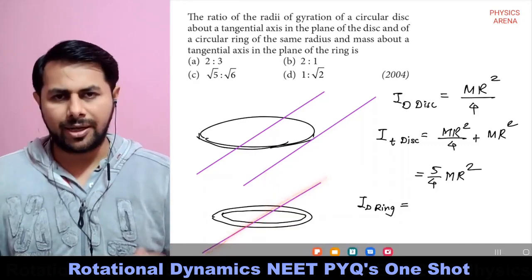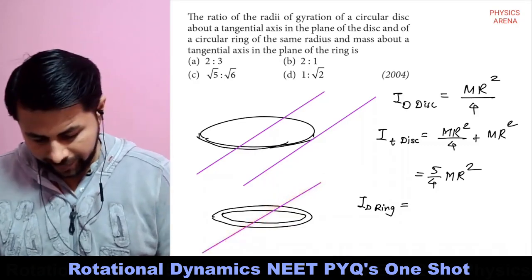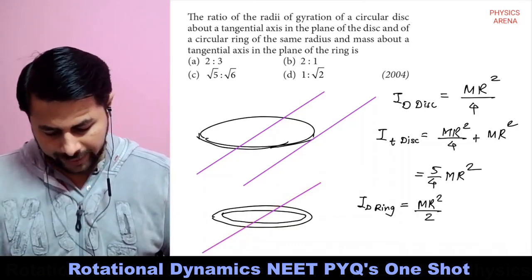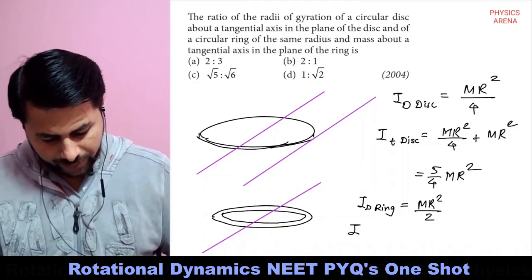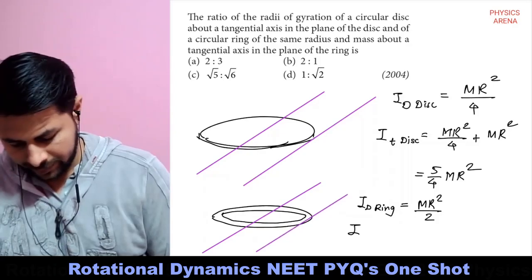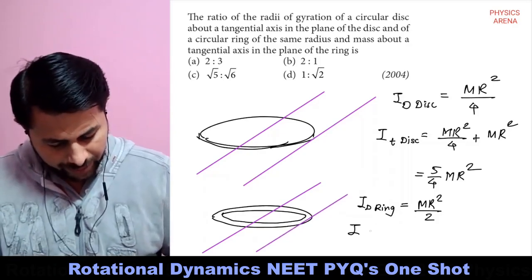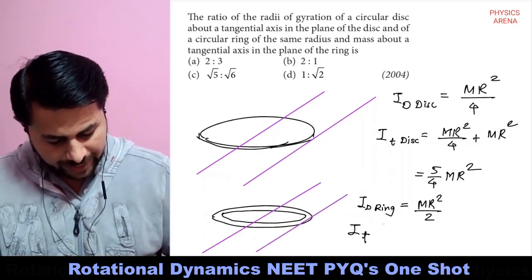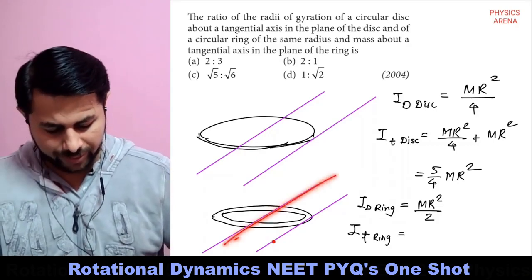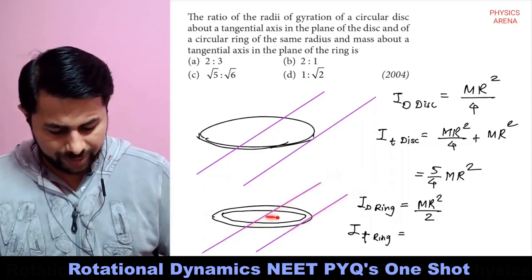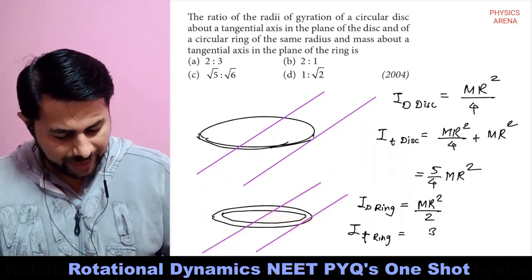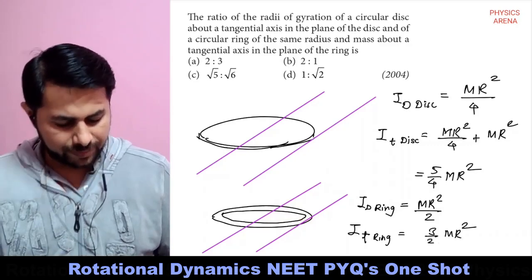About this axis, it will be mr square divided by 2. And you want about the tangential axis. I about tangential axis for a ring will be mr square by 2 plus mr square, because this distance is r, using parallel axis theorem. So it is 3 by 2 mr square.